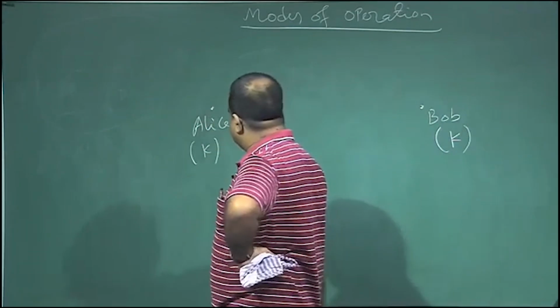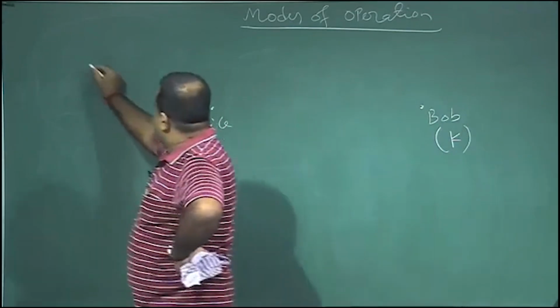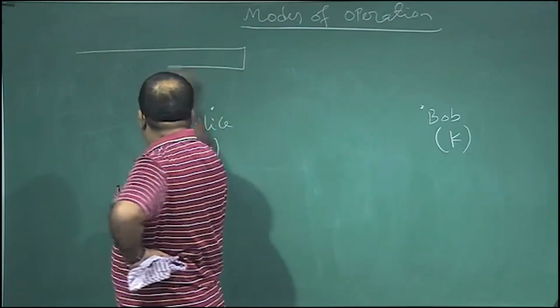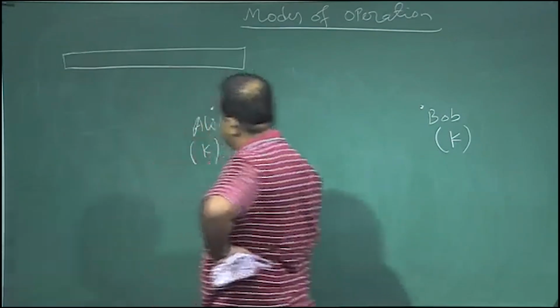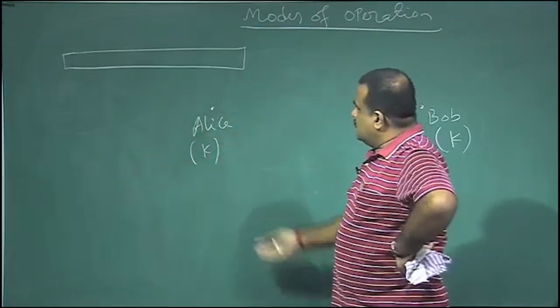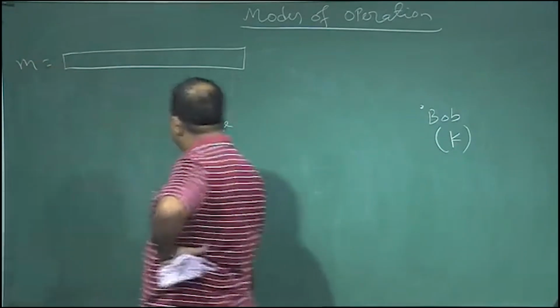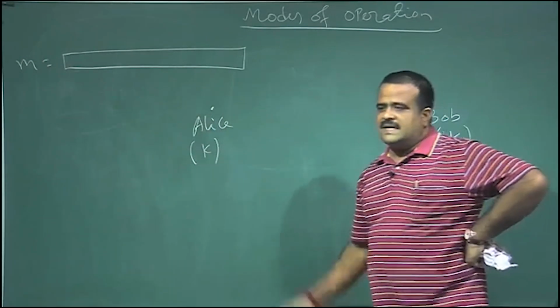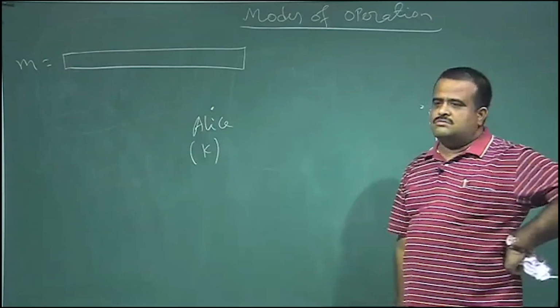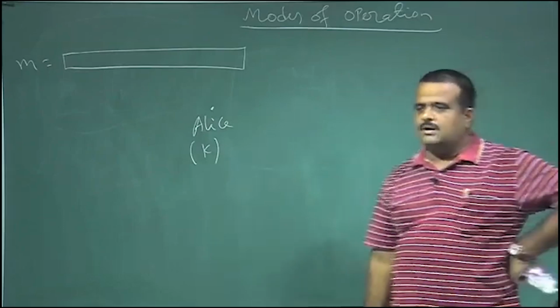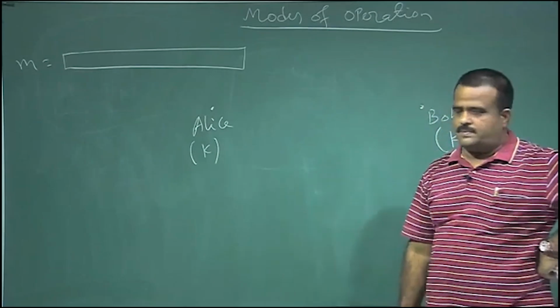Now, suppose Alice is having a plain text, which is a long plain text, a long message. This is the message, this is the plain text M for the message. Now, suppose Alice wants to use a block cipher for their encryption purpose.